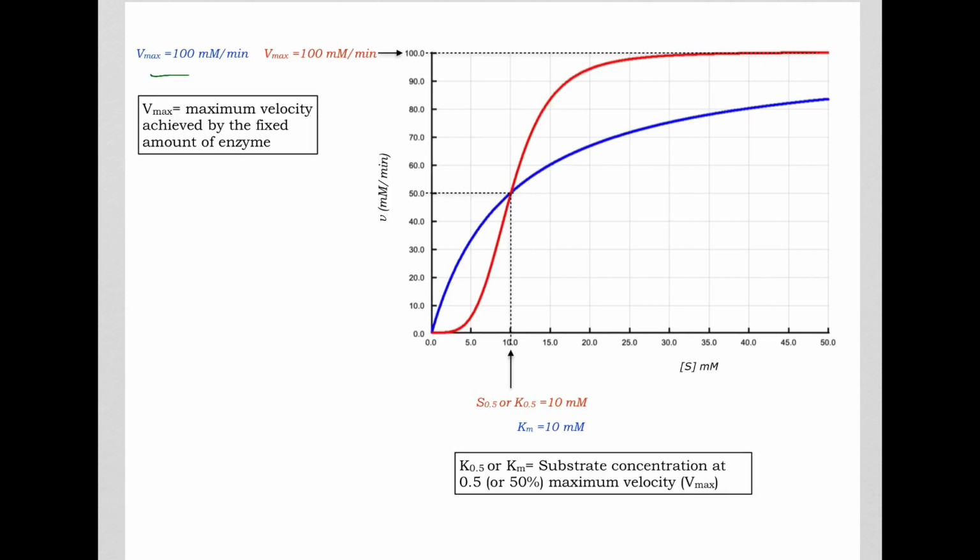So Vmax and Km are two very important values that we can determine from enzyme kinetics experiments, and these two values, Vmax and Km, in future videos we'll see can give us a lot of very useful information about enzymes.